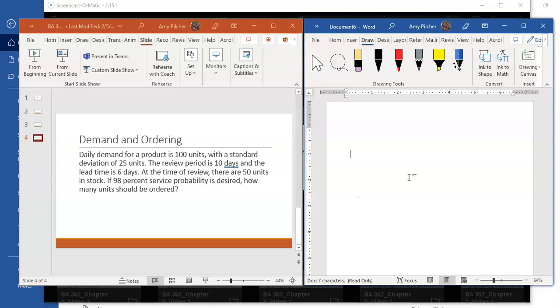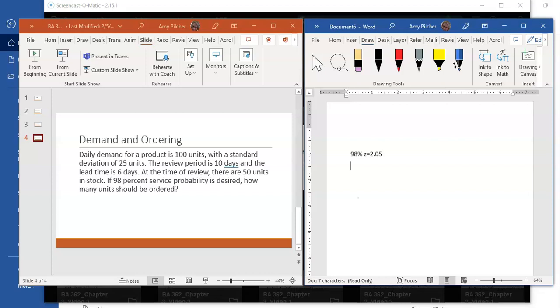We have a standard deviation of 25 units. We have a review period of 10 days and a lead time of 6 days. At the time of review, we have 50 units in stock. If we're looking for a 98% service probability, how many units should be ordered? So if we go to our table at 98%, we have a z-score of 2.05.